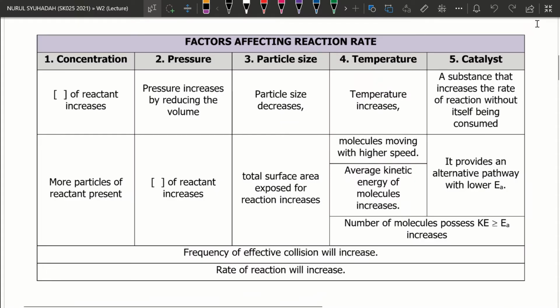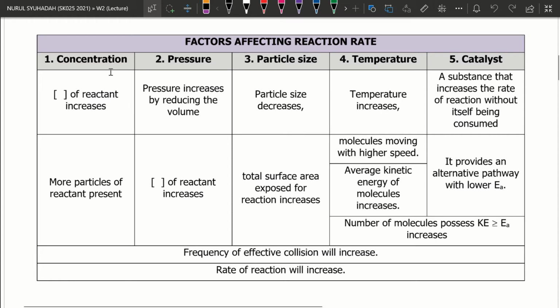This is a table to explain the factors affecting the reaction rate. I made this table purposely so that it will be easier for you to write down the points when the question in the exam asks what are the factors affecting the reaction rate.